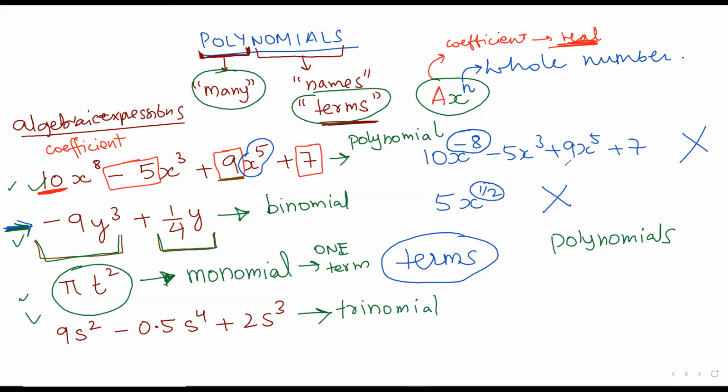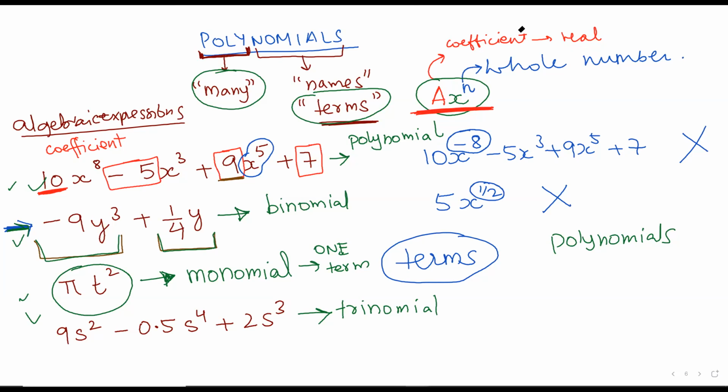No, take a look at it carefully, take a look at this. Coefficient will be, okay, see here, coefficient will be a real number. Yes, coefficient will be a real number.